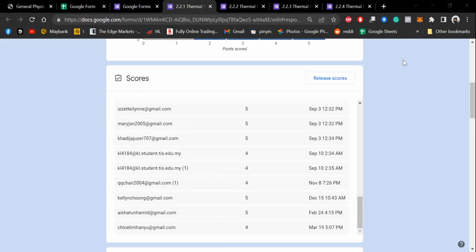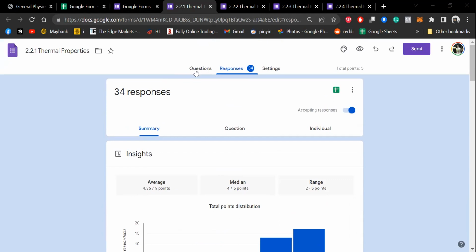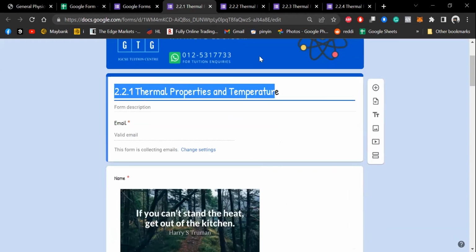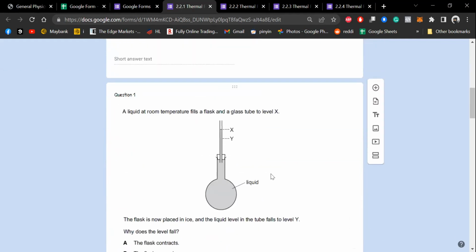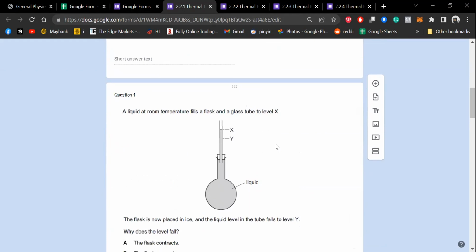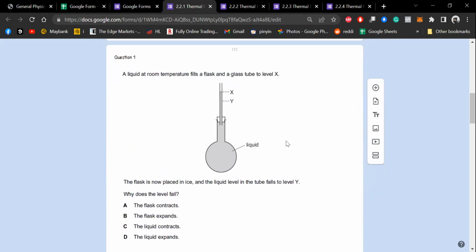What do you mean you have a different form? Click the first link. You're supposed to see this first, 2.2.1. Do you see this one? Why do you have a different form, Jaden? Oh, no. It's 4 forms, guys.